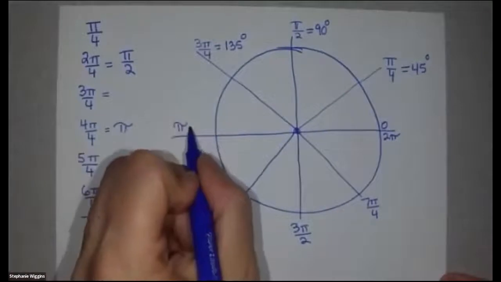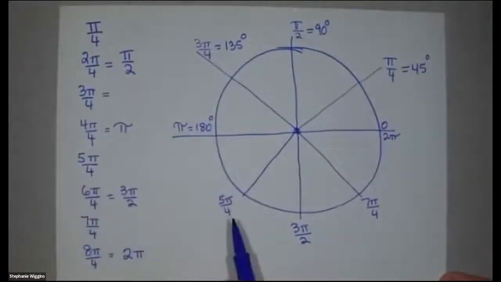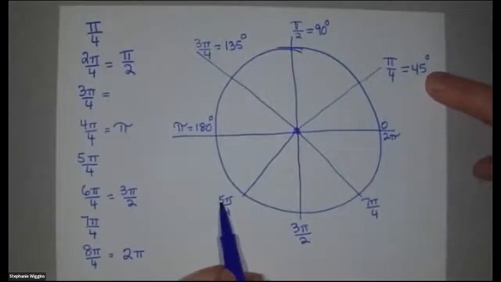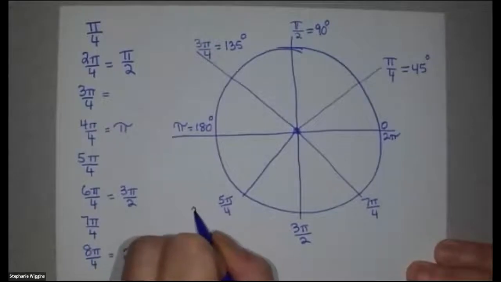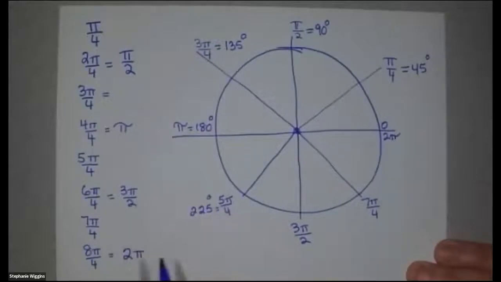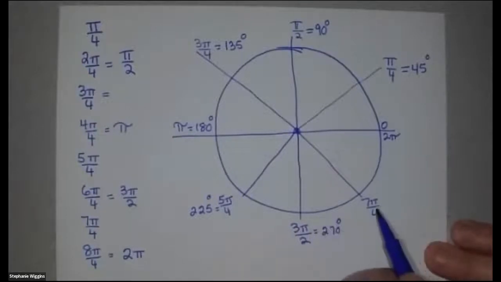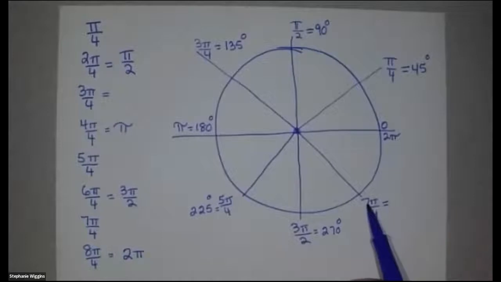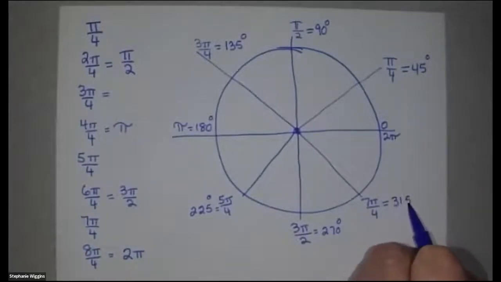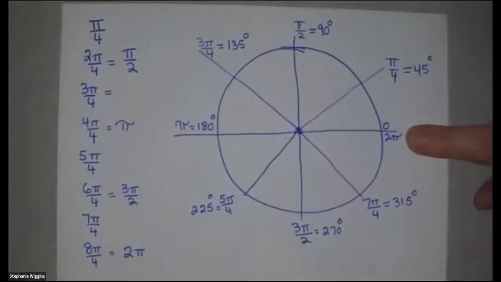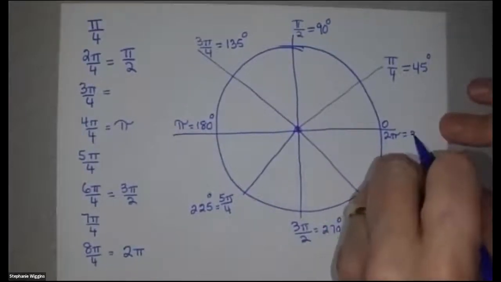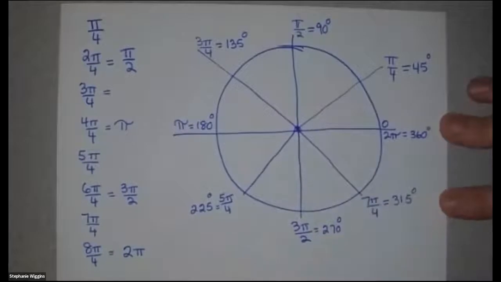And then we have, of course, pi is 180 degrees. 5 pi over 4 is 5 times 45, and that is going to be 225. And this is going to be 270 degrees. This is 7 times 45, which is going to be 315 degrees. And then you come full circle, 360 degrees. Okay?